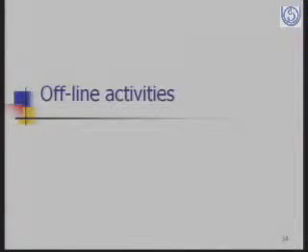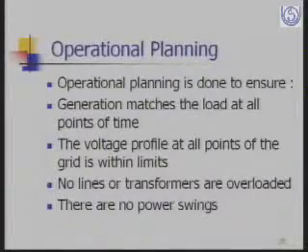Offline activities for grid management. These were online or real-time activities, but they are supported by many offline activities. One is operational planning. Operational planning is done to ensure that generation matches the load at all points of time, so you have to do this planning in advance, and that the voltage profile at all points of the grid is within limits and no lines or transformers are overloaded.